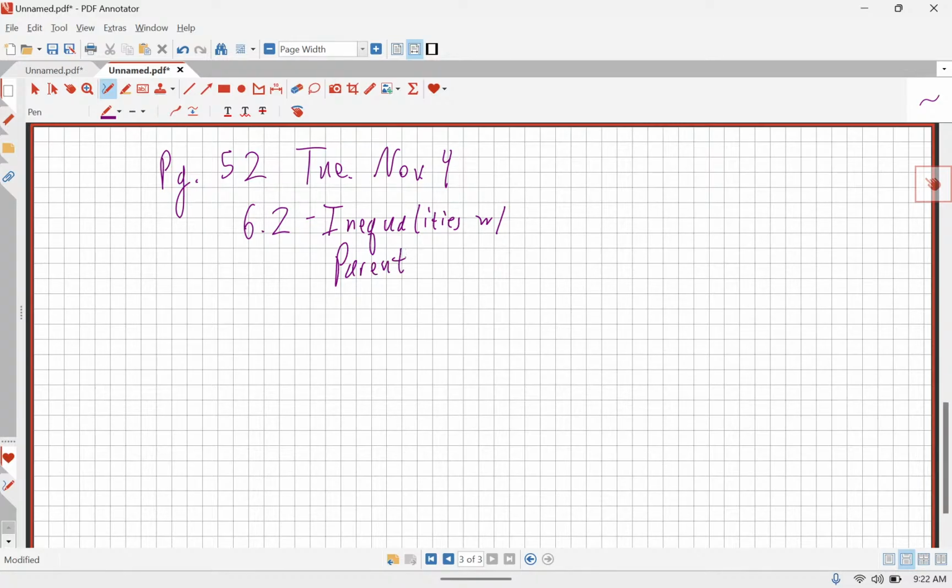If you're feeling confident and you feel like you're doing great, work on 6.2. Those are the level 3 questions on your skill check on Thursday. If you go to page 53, Thursday, November 6th, we're going to take our inequalities skill check that day.